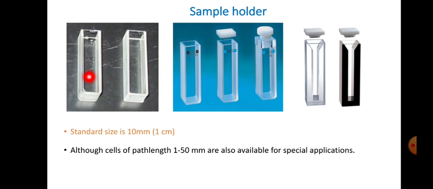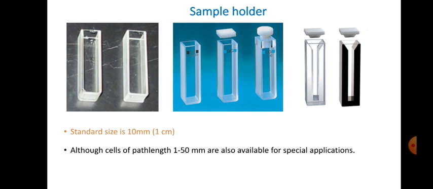If you look carefully at these quartz cells, there are 4 sides. The two opposite sides are transparent and the remaining two sides have a rough surface. The transparent surfaces we put in the sample holder cavities in such a way that the beam of light passes through them.